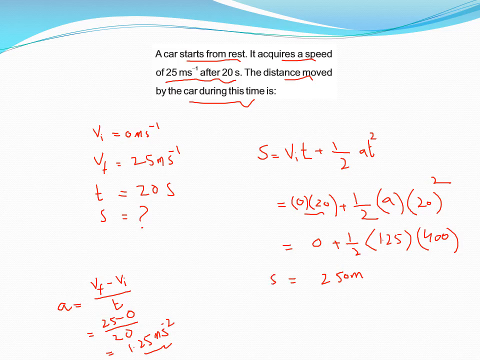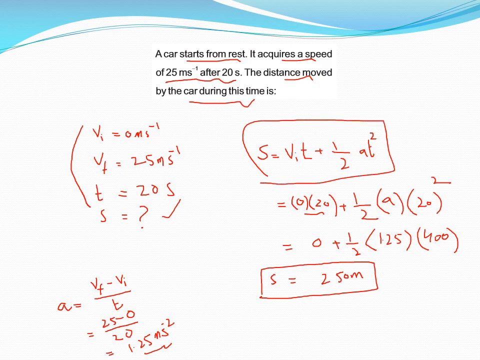So S comes to be 250 meters. So dear students, provided the initial velocity, final velocity and time, we have found the distance by using this second equation of motion.